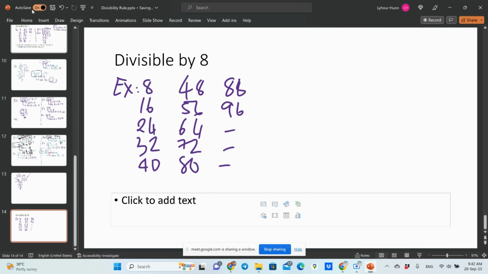Do we have a pattern here? They all end with 8, 6, 4, 2, 0.